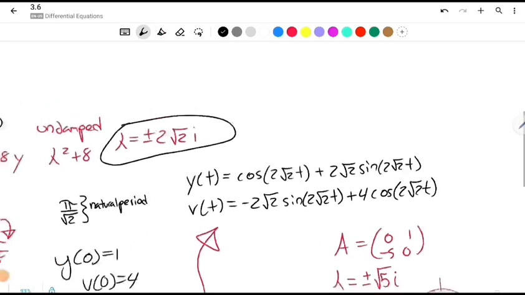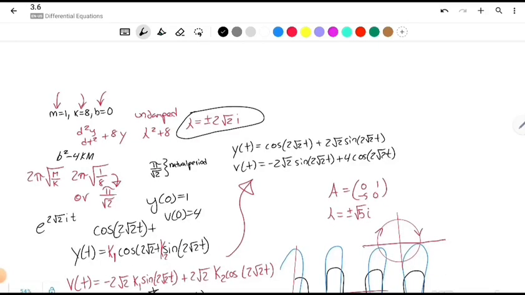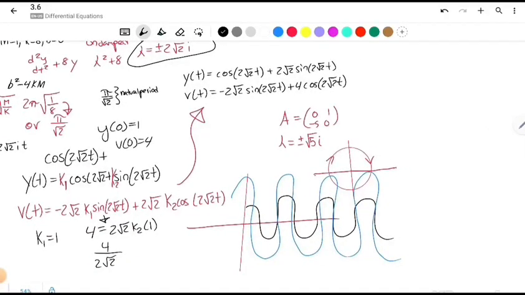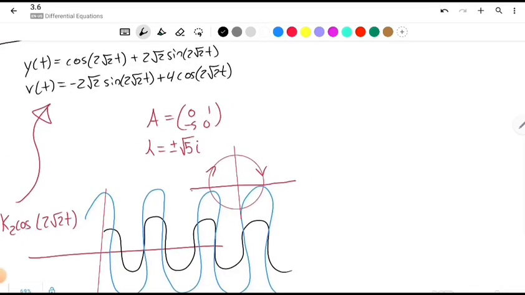Now earlier I mentioned that when it's undamped, the origin is a center, and it circles around. We know that from b being equal to 0. Also, you can just memorize what it looks like when there's a positive, negative, or no real part.